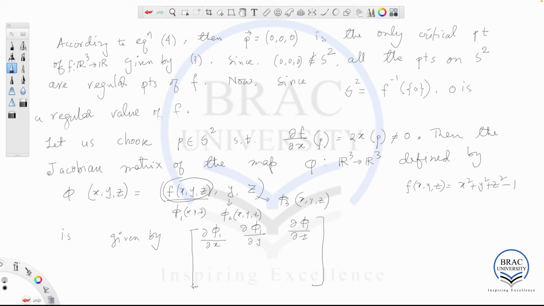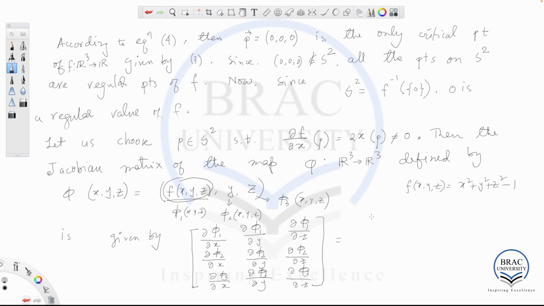The second row is del phi 2 by del x, del phi 2 by del y, del phi 2 by del z. The third row is del phi 3 by del x, del phi 3 by del y, finally del phi 3 by del z.